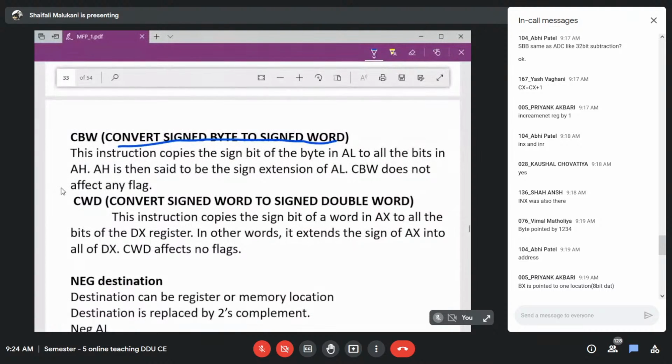What it will do is this: whatever byte is stored in AL, the sign bit of that, which is the MSB of AL, is copied to AH. Suppose the MSB of AL is 0, then the entire AH is 0. If the MSB of AL is 1, then AH is FF.